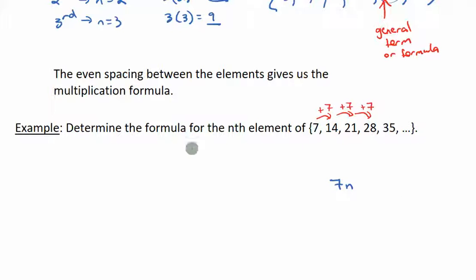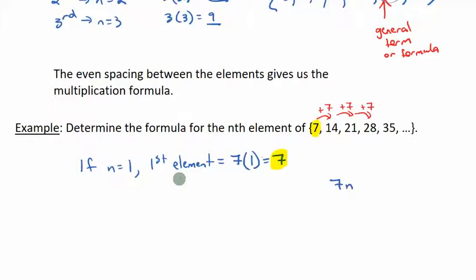So we can see, according to this formula, if n equals 1, then the first term, or first element, should equal 7 times n, but n is 1. So 7 times 1 should be 7. And in fact, the first element is 7 in this set.